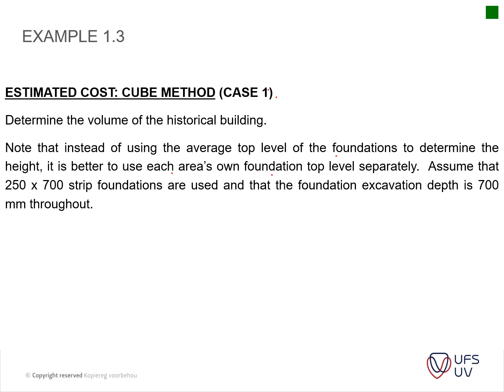Assume that 200 by 700 strip foundations are used, and that the foundation excavations are 700 millimeters deep throughout. So if you go through your examples, all that is basically saying is that whenever you use your cube method, it's better to calculate the different areas or the different volumes separately. It will be explained now.